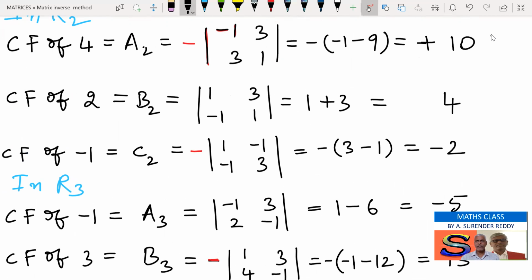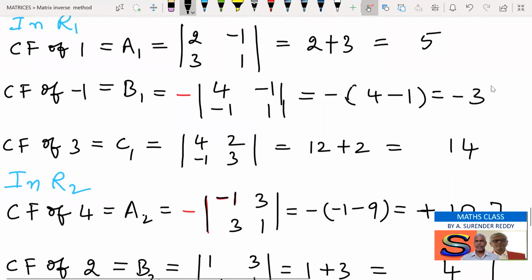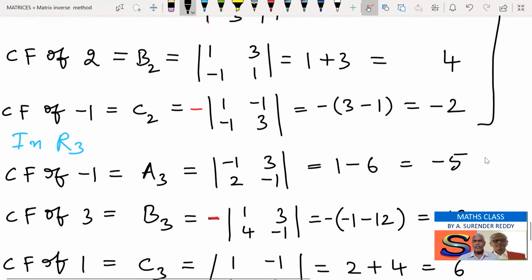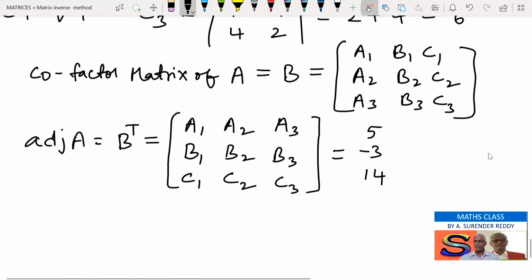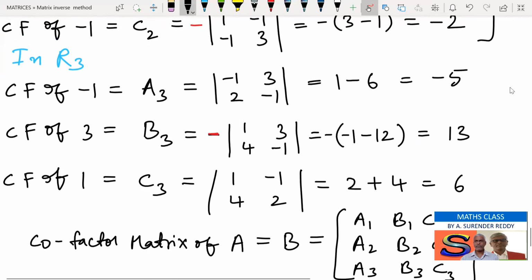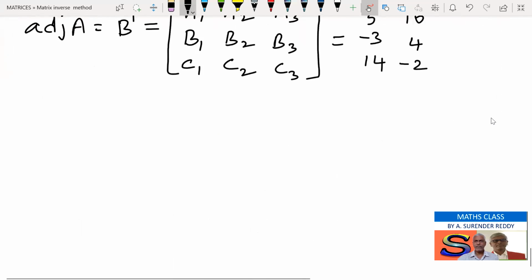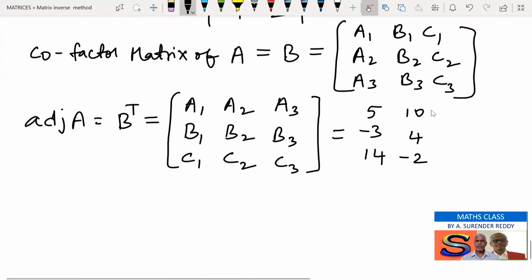Here we write them as the second column: 10, 4, minus 2. And the third row cofactors are minus 5, 13, 6.